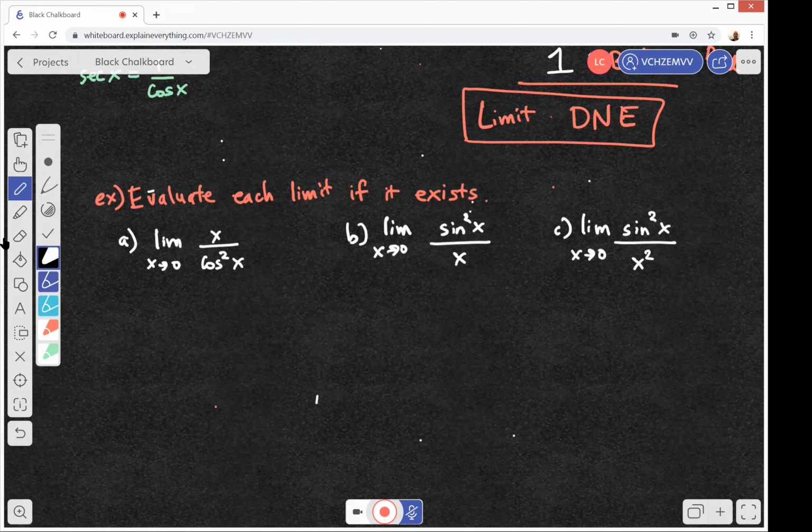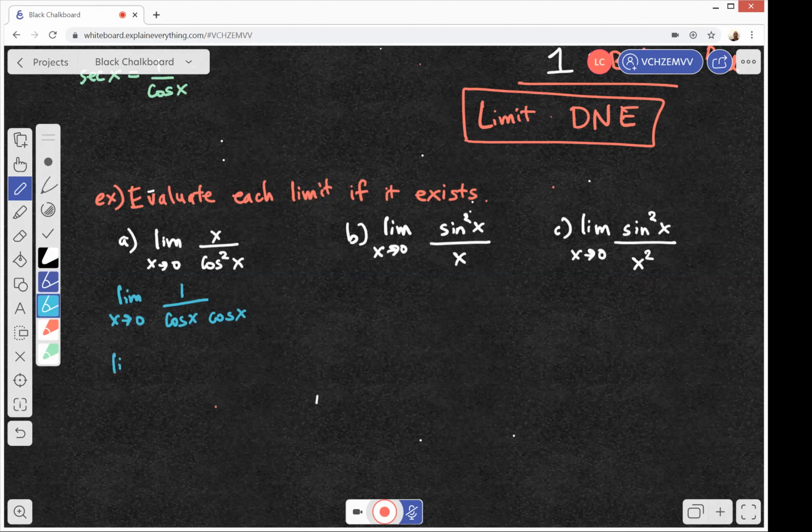So let's start. In the first problem, letter A, you have x approaching 0, but cosine squared x means you have 2 cosines, right? You have cosine x times cosine x. So now, if x approaches 0, you could do plug and chug.